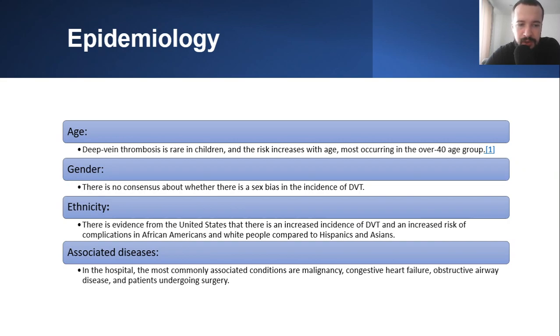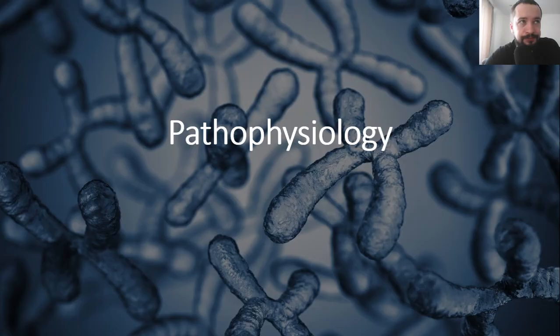Associated disease. In the hospital, the most commonly associated conditions are malignancy, congestive heart failure, obstructive airway disease, and patients undergoing surgery. And maybe there we can tell about patients who use hormone therapy.